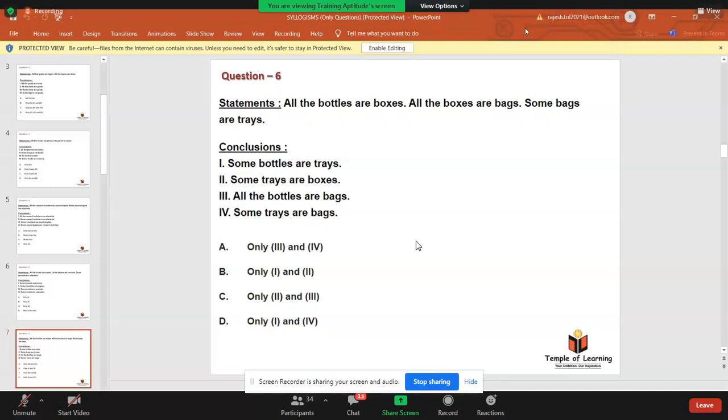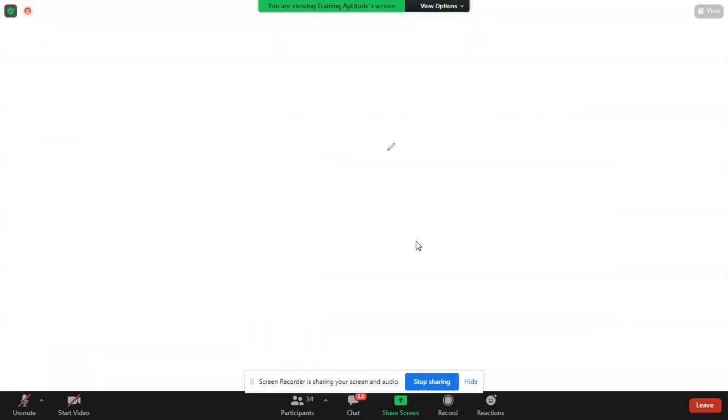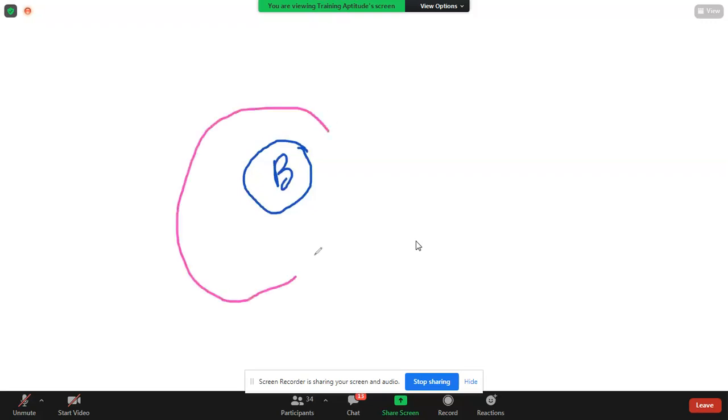In fact, once you become adept, basic understanding will help you. All the bottles are boxes, so I've got bottles, then I've got boxes. Then it says all the boxes are bags.